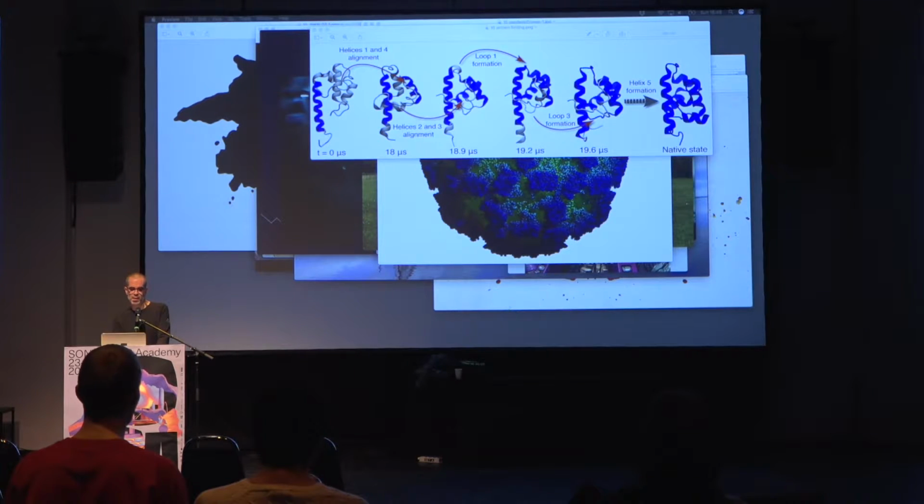But one of the main things that scientists have learned about proteins is that their shape describes their functionality, and their shape is created through a process of folding. So they start when they are born, I guess, or formed.